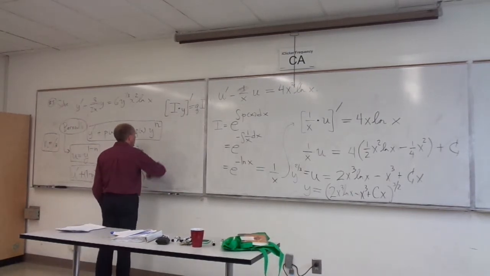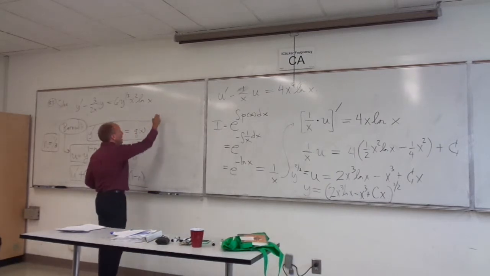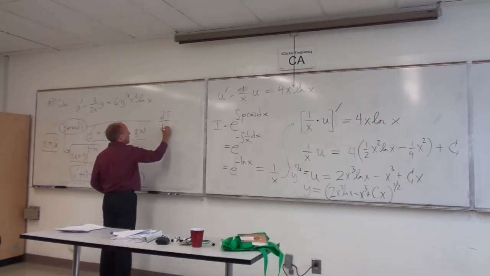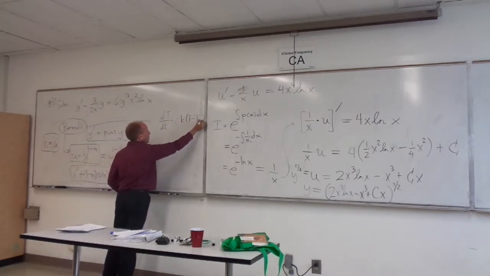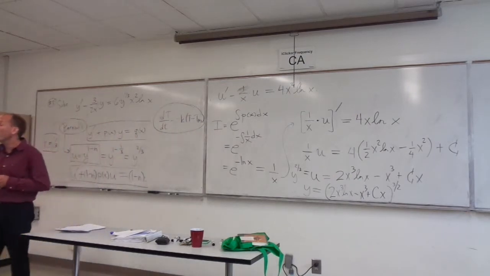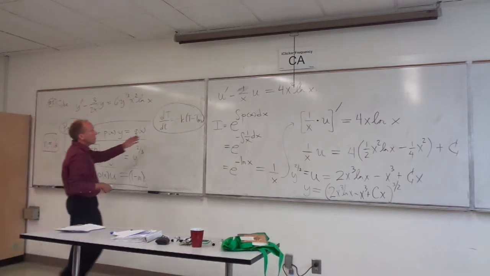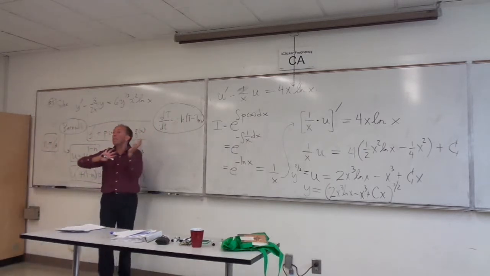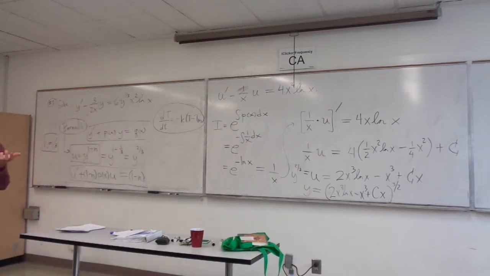If you want practice on changing the constants, don't forget, I wasn't going to go over this very much today, but what's this the equation for? That's Newton's law of cooling, right? And it's a good example of a separable differential equation. To solve this one, you want to separate it and get the capital T on one side and the little t on the other side, and then integrate both sides.